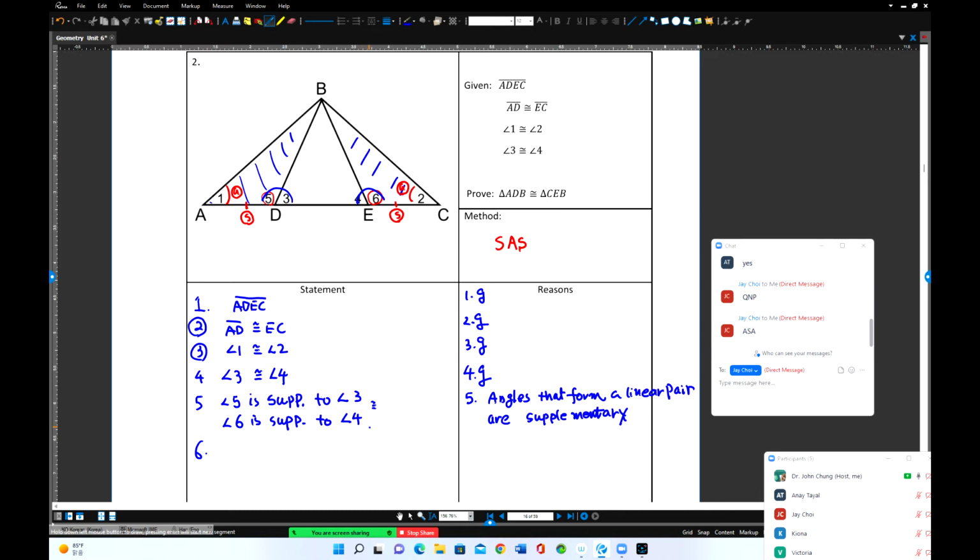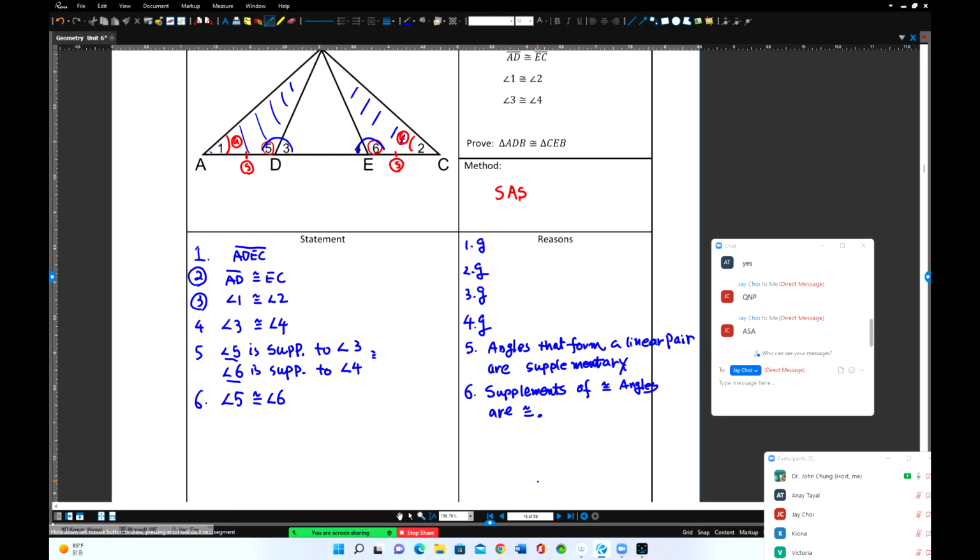Two supplements, angles are congruent. Angle 5 congruent to angle 6. The reason is: supplements of congruent angles are congruent. You have to memorize, don't change any word. Exactly, it should be like this.